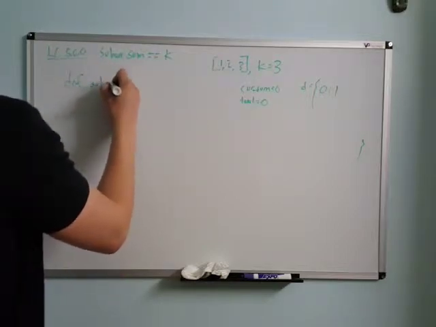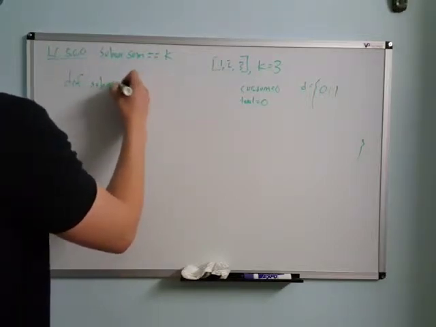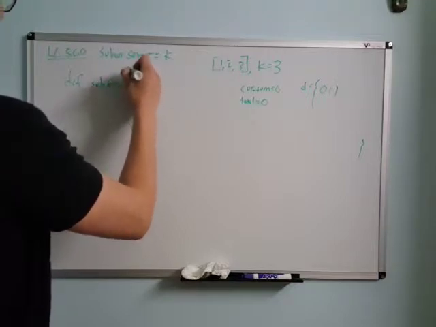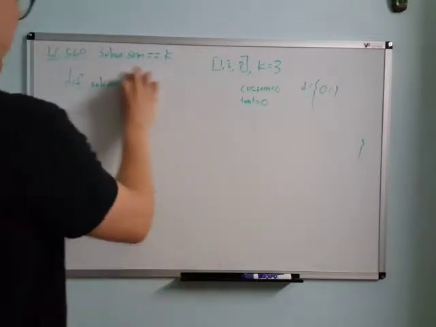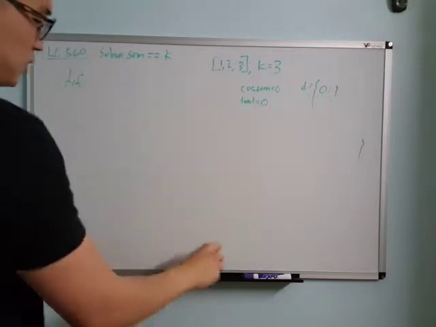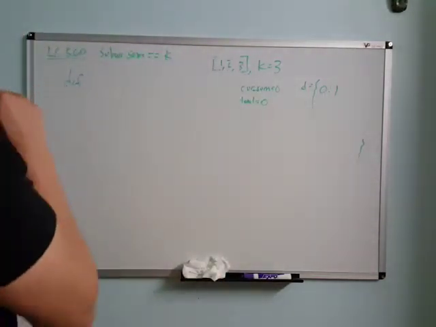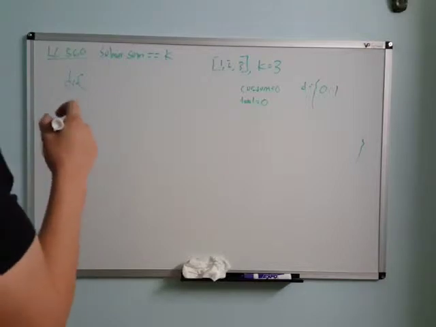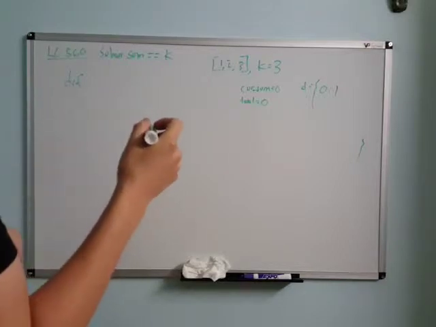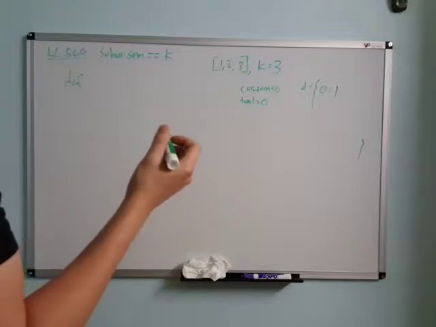Define subarray k or something. Actually, no. When you're doing an interview, you should come up with better names. So let's think a little bit about what we want here. We're looking for the number of continuous arrays that are equal to k.